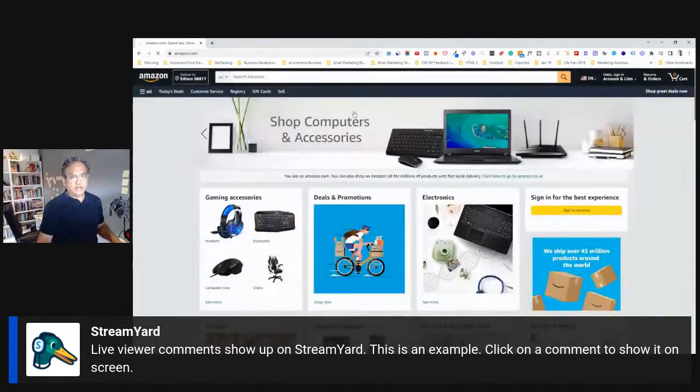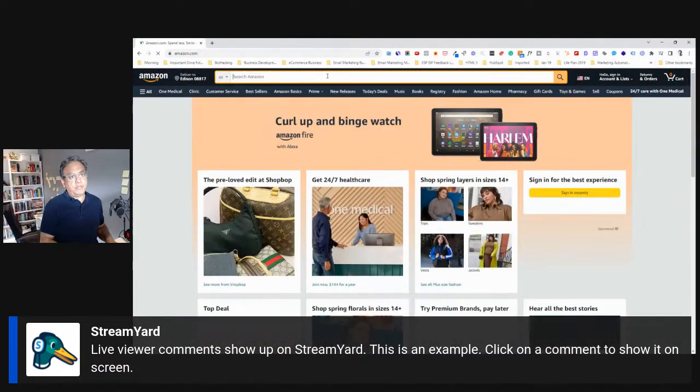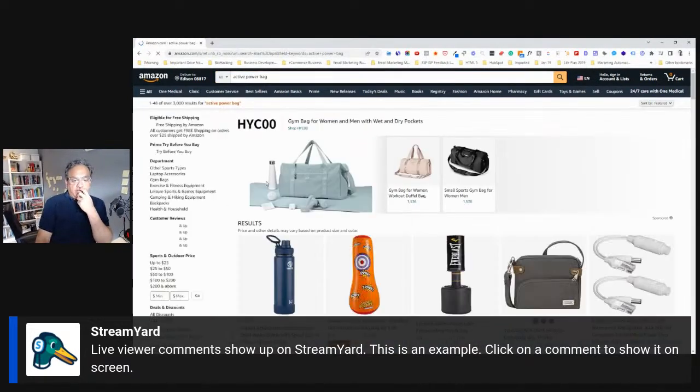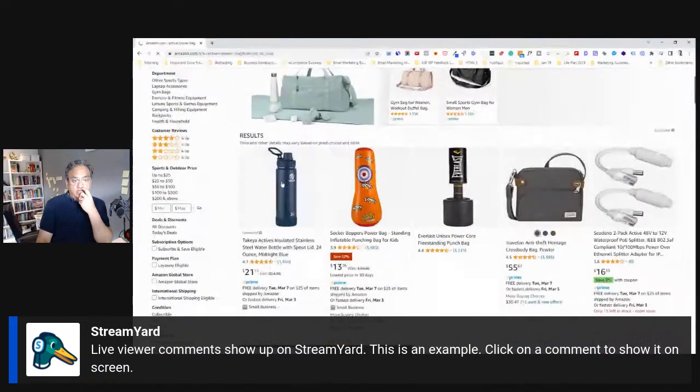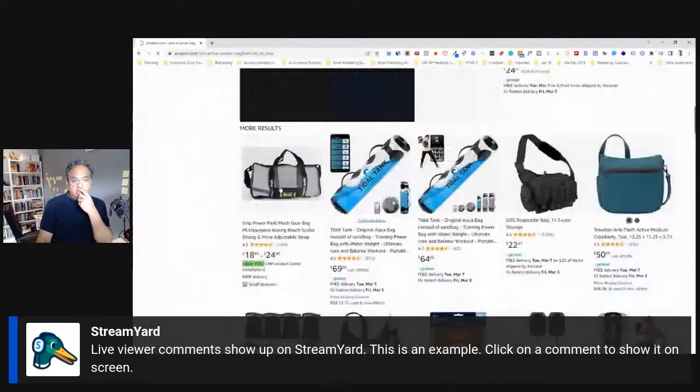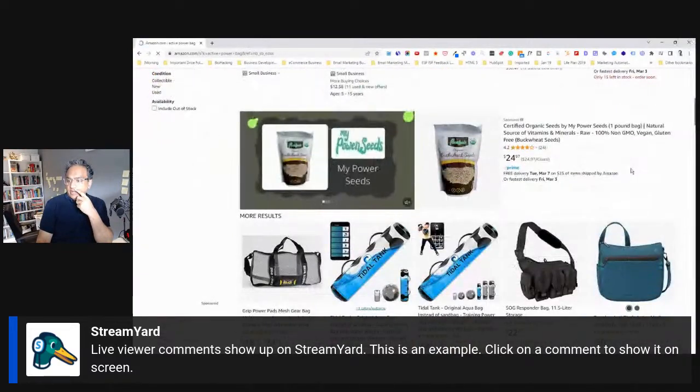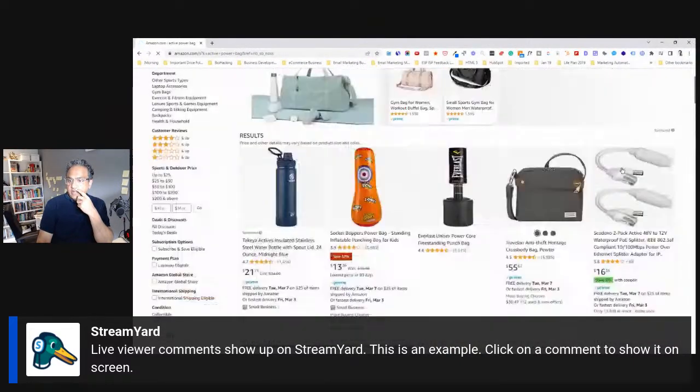So let's start with a product called, let's say, active power bags. Let's see what shows up. It shows a water bottle with spout lid... Nope. Okay, so basically anti-theft crossbody bags.